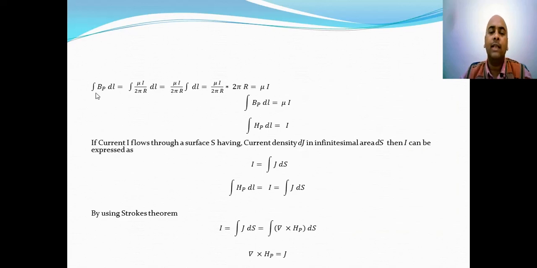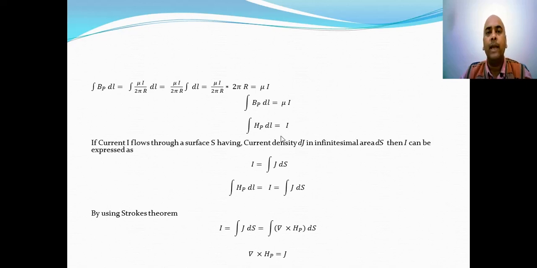So we can say that the integral of B over a closed line is equal to mu I, as B is related to H by B is equal to mu naught H. So we can also write this equation as the integral of H over closed line L is equal to current I.